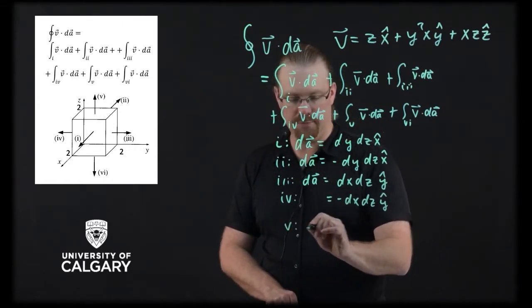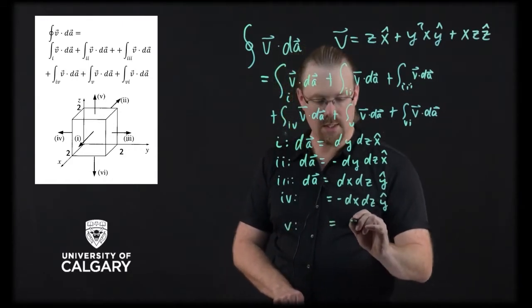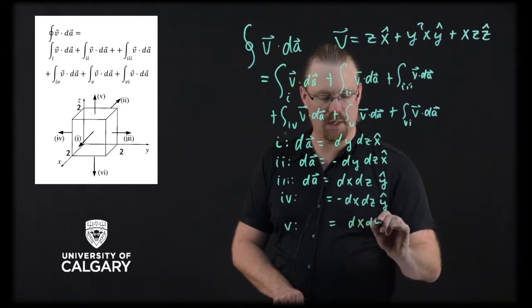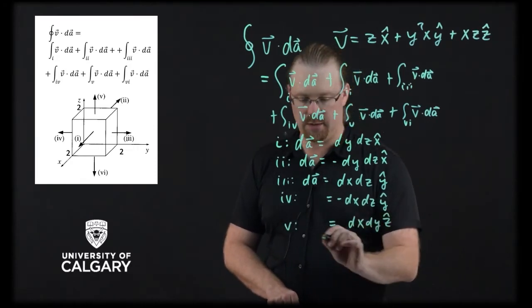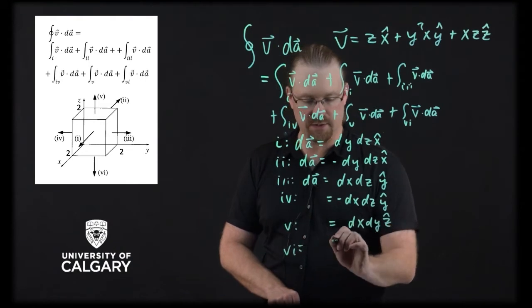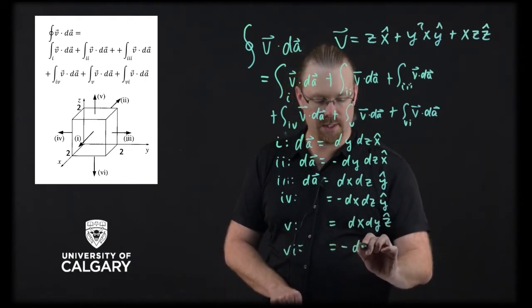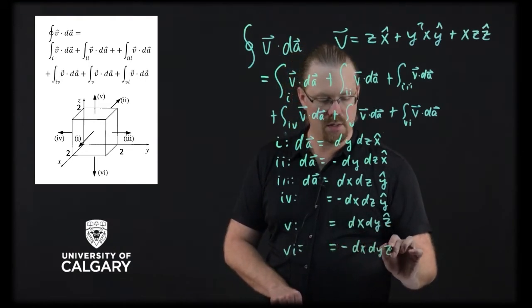And for surface 5, dA is going to equal dx dy z hat. And of course for surface 6, we have the only one that's left, minus dx dy z hat.